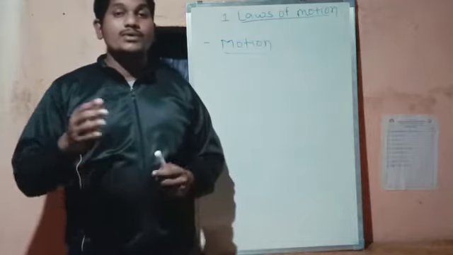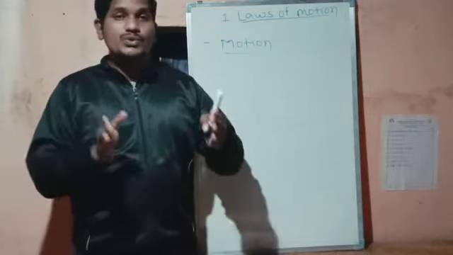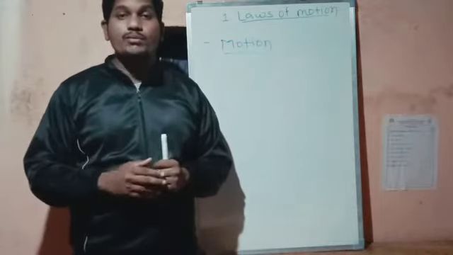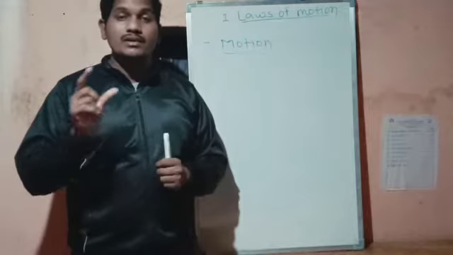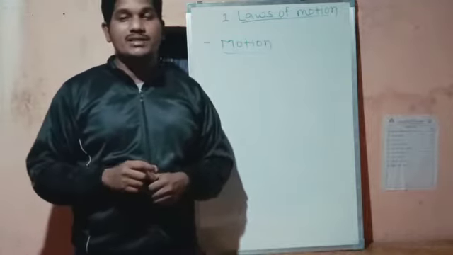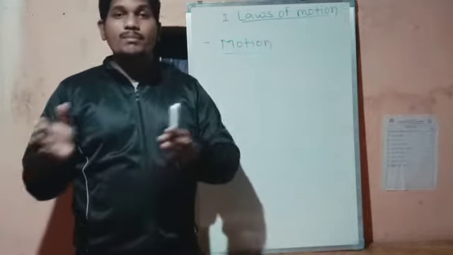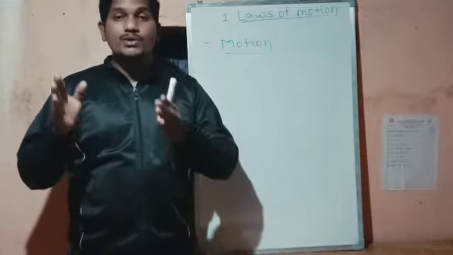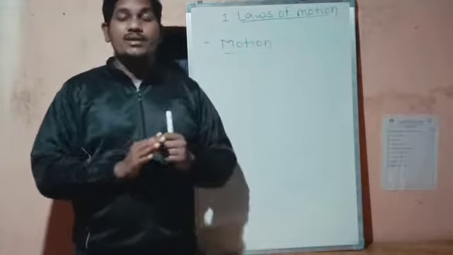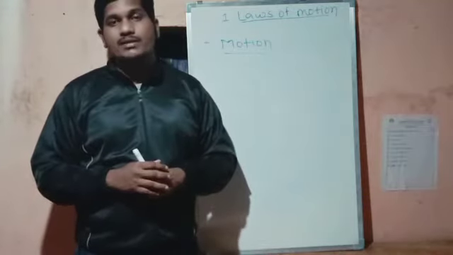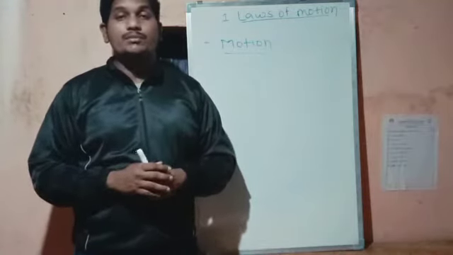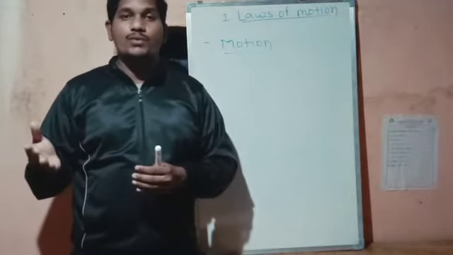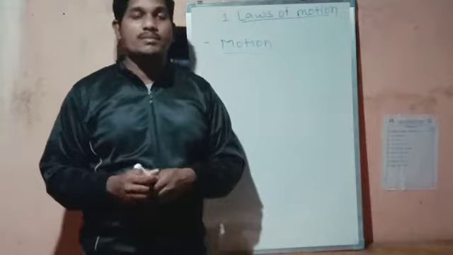Now students, you are coming to school from your home. That is your movement from one place to another place. You are just going from your class to the playground. That is also your movement.